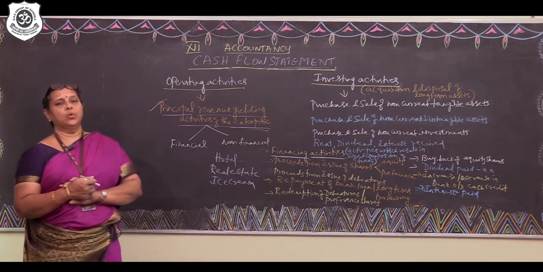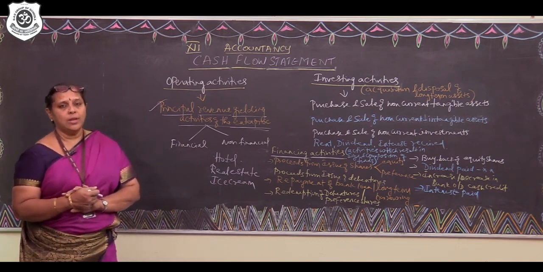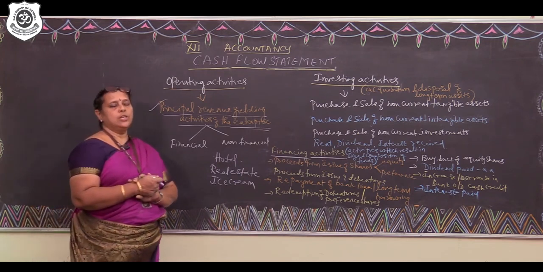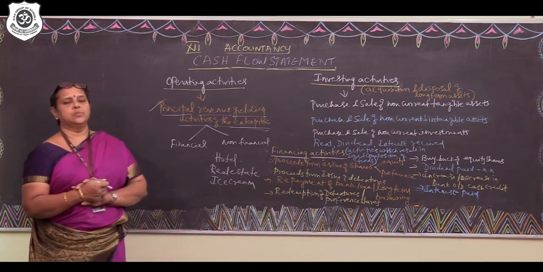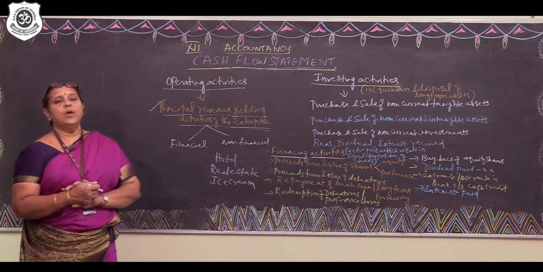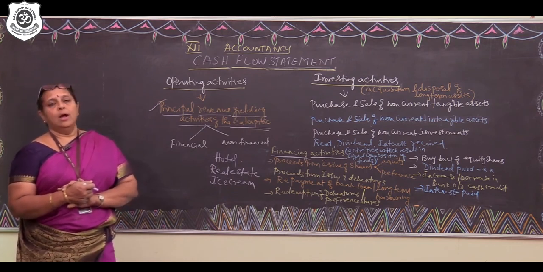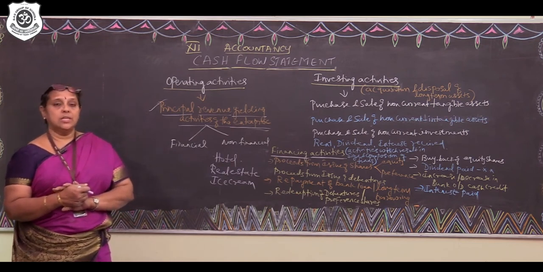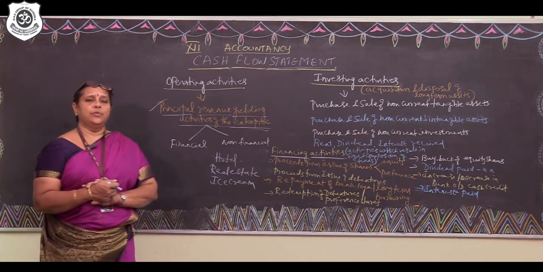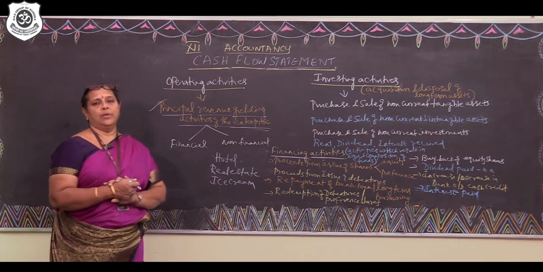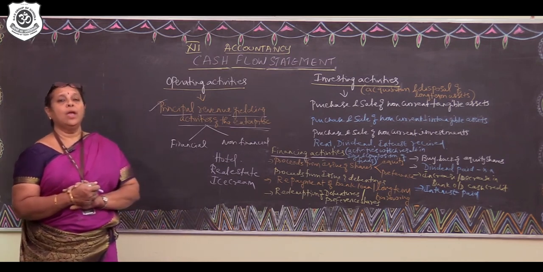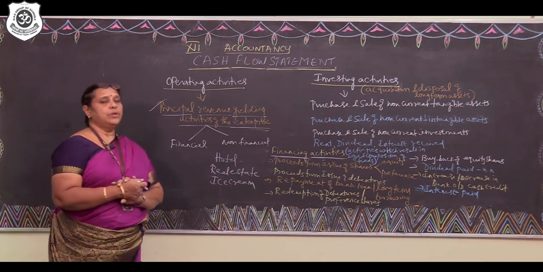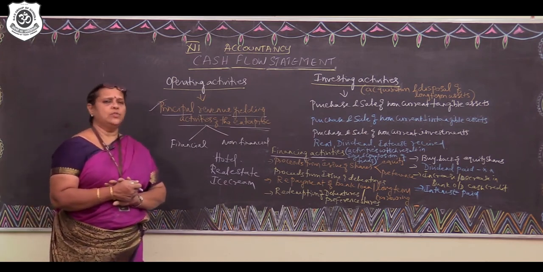Financial companies are those which are involved in buying and selling of financial instruments like shares, debentures, bonds, etc. So, for a finance company, investment in securities, shares, debentures, and receipts in the form of dividend or interest will all come under the primary revenue yielding activity. The non-financial companies are the general ones which we come across.